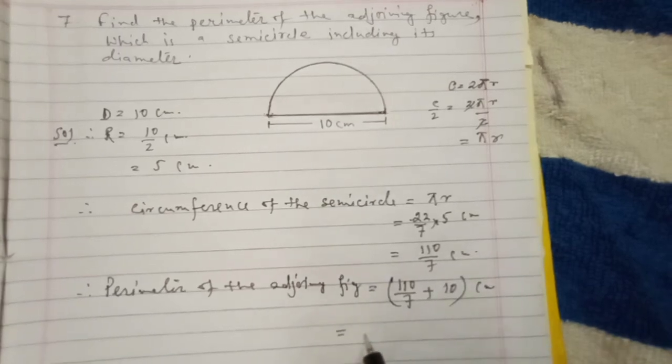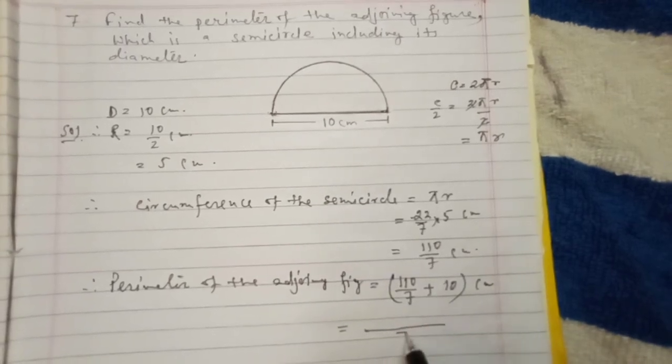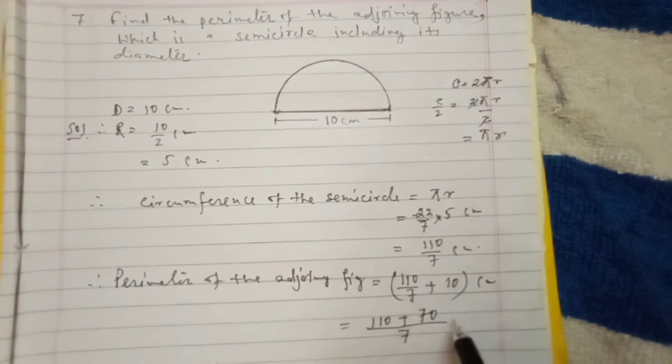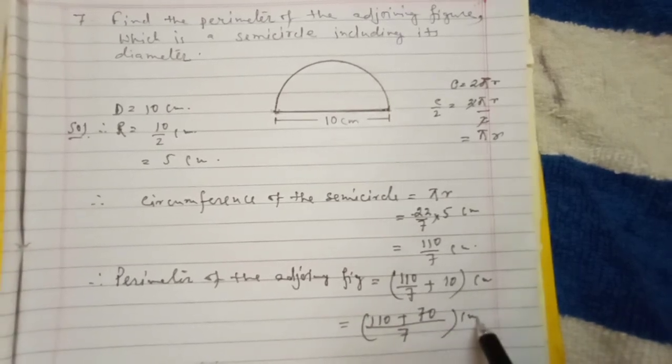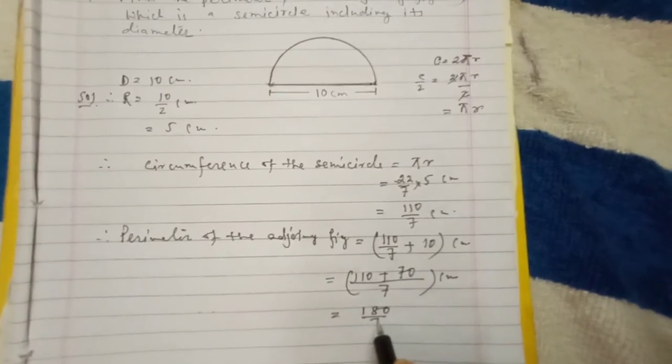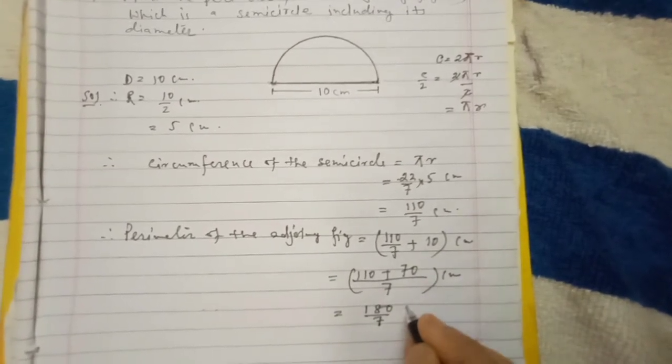Do the LCM. 110 plus 70 is 180 by 7 centimeter.